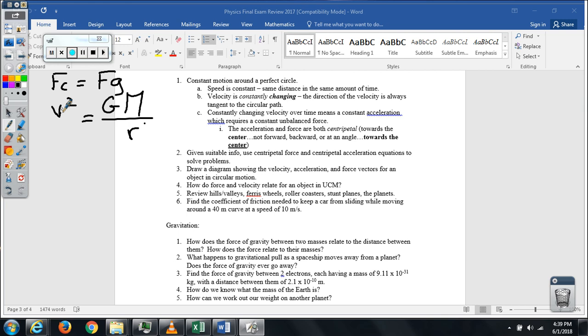If the distance gets bigger, then the speed can be lower, because the force weakens with distance. So if you go farther out from the Sun, it's not pulling you as hard, and you don't have to whip around the Sun as fast to keep from falling into it.